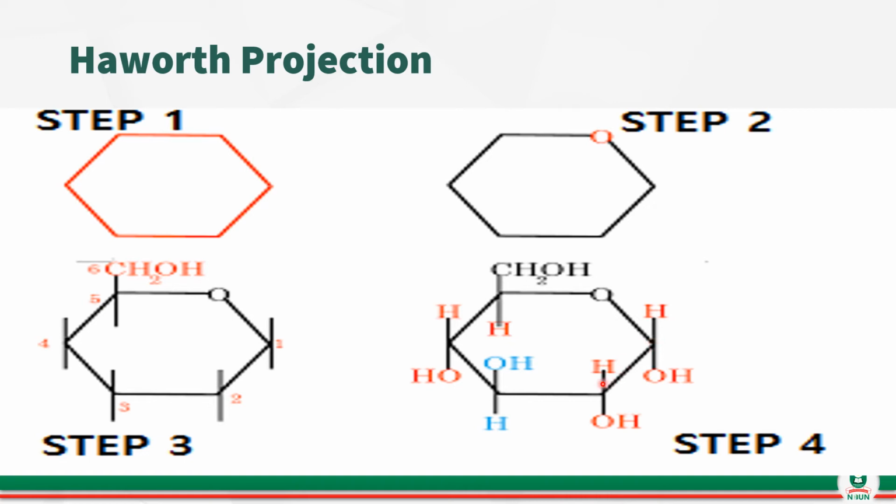Carbon 1, 2, 3, 4, 5. The 6th carbon is attached to the 5th carbon on top. It is not part of the structure. Instead of having the 6th carbon as part of the structure, the oxygen of the OH group on carbon 5 attaches itself to the carbon 1 carbon to form this cycle.